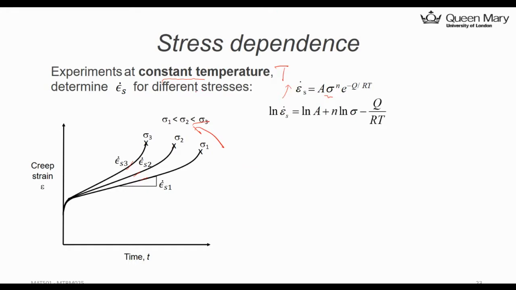If you take the log of this equation, like last time I did for you, log on both sides, this comes to here, log strain rate. And if you remember, log AB equals log A plus log B. So that gives you log A here.